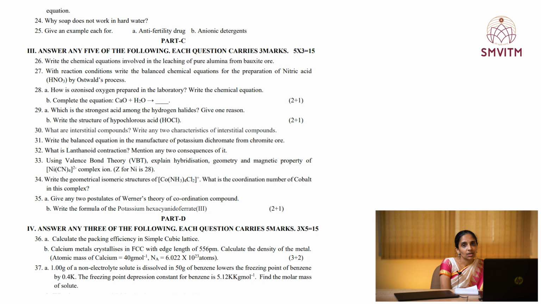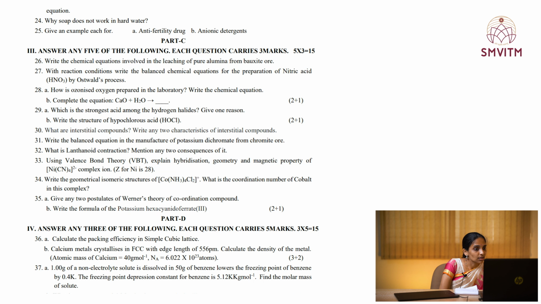The equation has been asked. It is 3O2 giving 2O3, a simple reaction, but you have to mention that delta H naught is positive, because this is a non-spontaneous endothermic reaction. So the sign of delta H naught should be given.